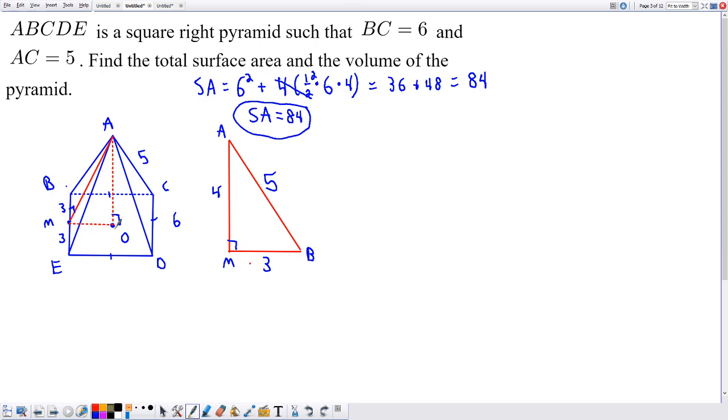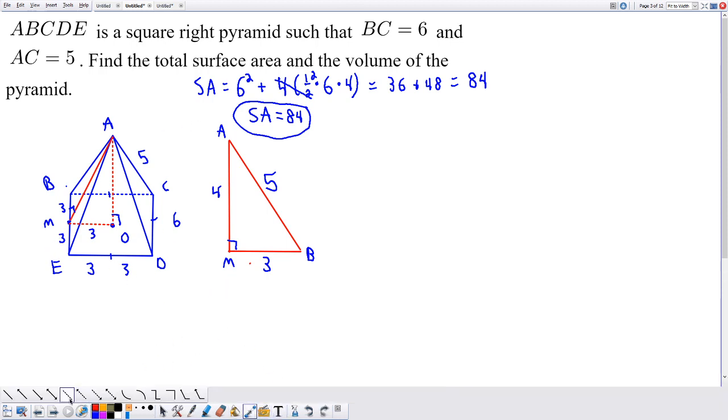Now, since O is in the middle, and it goes OM, each side length is split up into 3 and 3 because it's 6, so this length has to be 3. We know what the side length of AM is, that's 4. So now we have another right triangle that we can use to solve the problem.